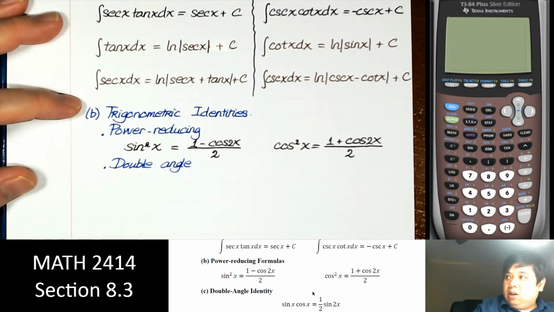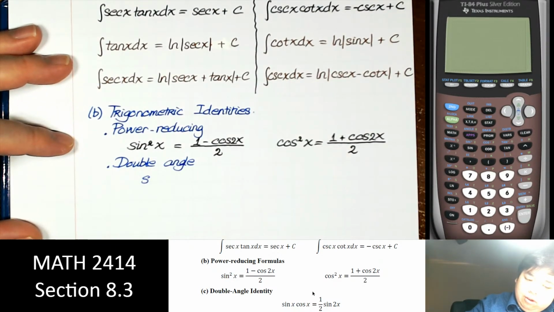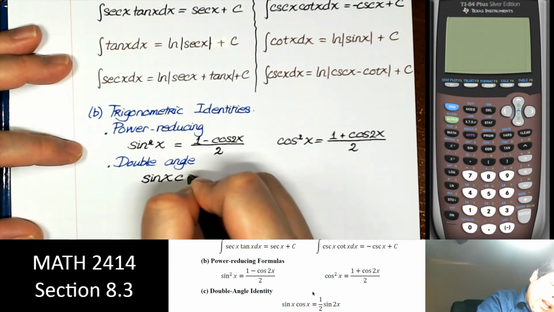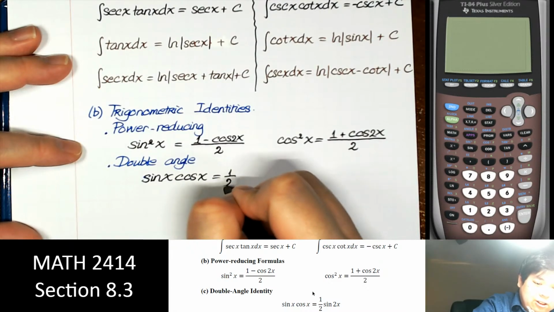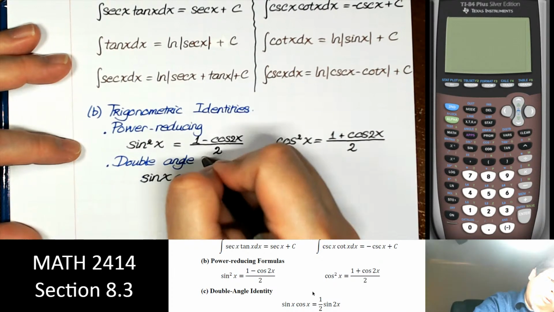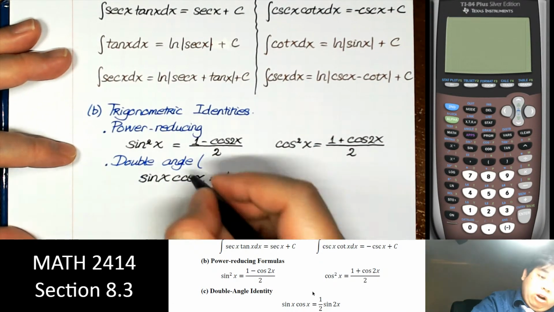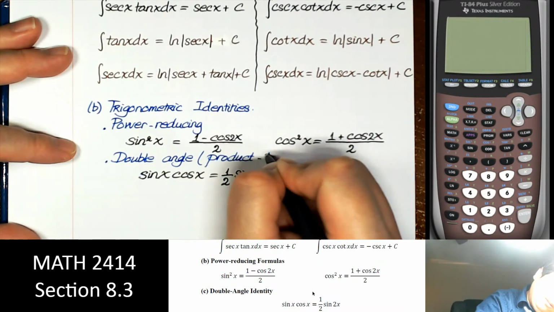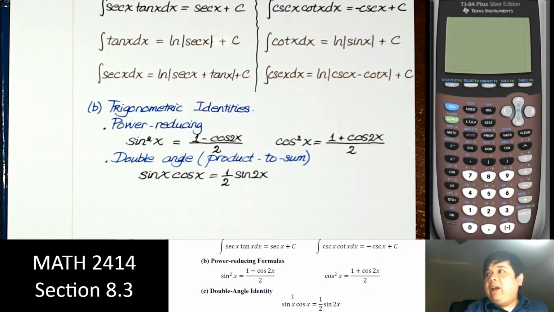This comes from the double angle identity, where we have sin x cosine x, which is going to be 1/2 sine of 2x. Or from here we can say this is also from the product to sum identity.